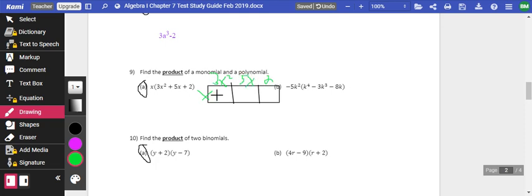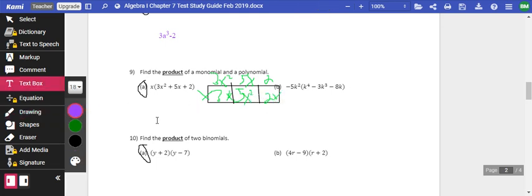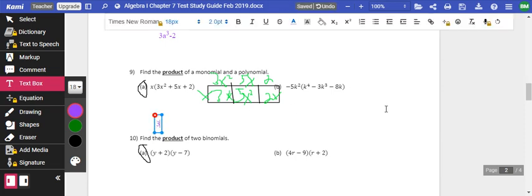X times 3x squared is 3x to the third. 5x times x is 5x squared, and x times 2 is 2x. So then we have 3x to the third plus 5x squared plus 2x.